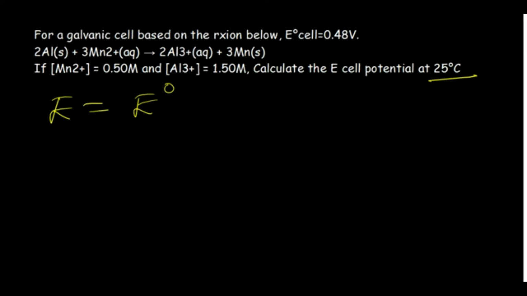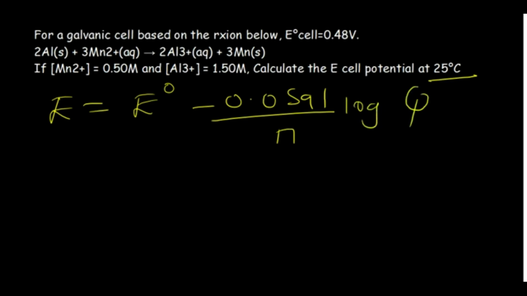You subtract 0.0591 over N, and then you have log Q there. Now I want you to understand some things here. There are going to be cases where the non-standard cell potential is greater than the standard, and it can also be less than the standard. You need to understand exactly how that is possible.